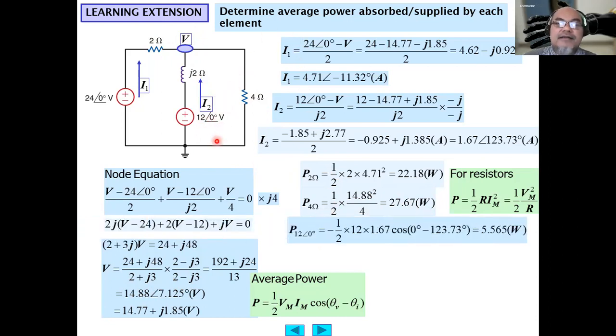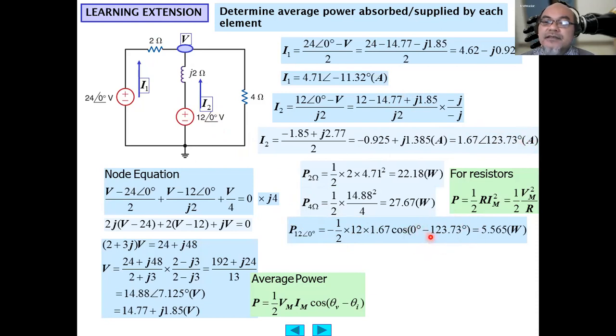The power absorbed by the 12 volt voltage source here, using passive sign convention, since current is leaving it, the power absorbed is negative. It means that we assume that it is supplying power. So minus half times 12 times 1.67 cosine of the phase angle difference, 0 minus 123.73.